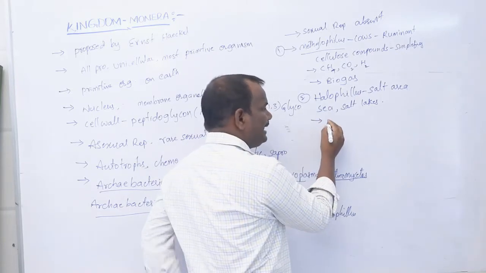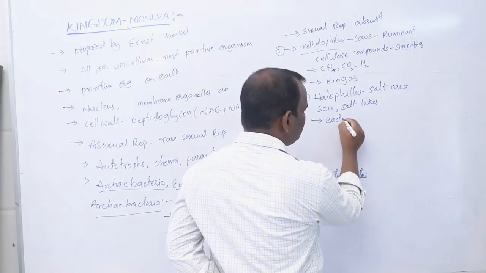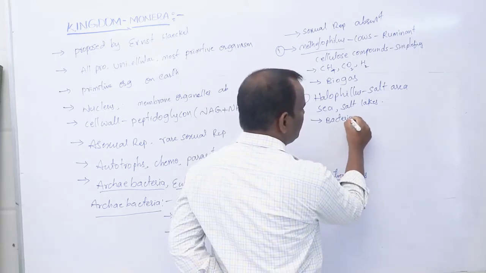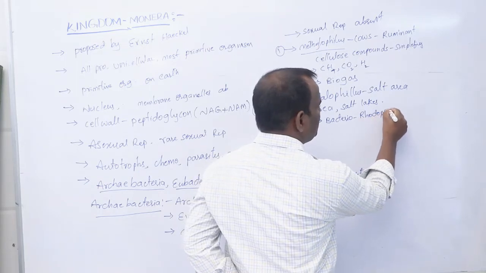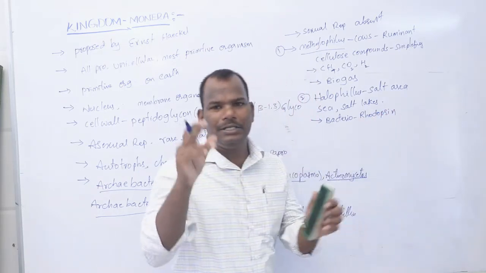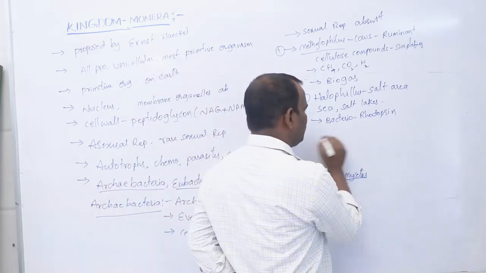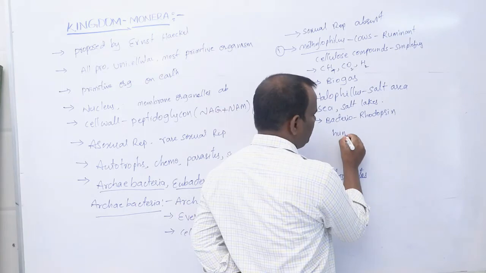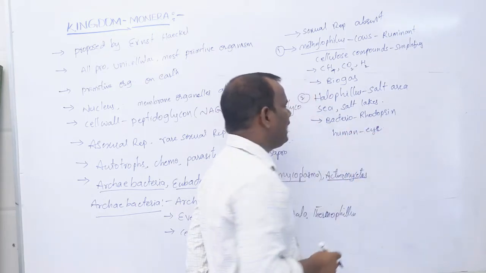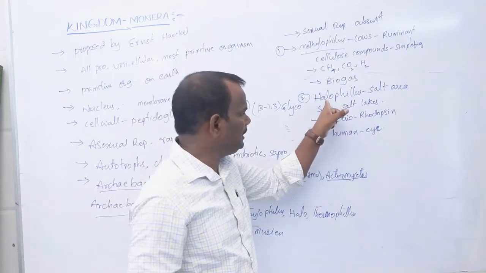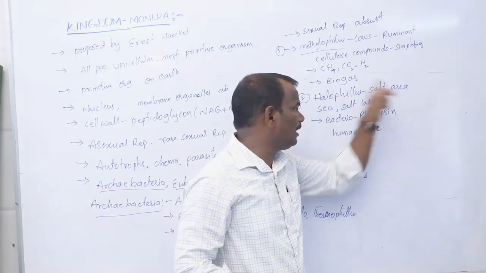This bacteria contains bacteriorhodopsin. The bacteriorhodopsin is equivalent to the human eye. The bacteriorhodopsin is present in halophiles, which live only in salt areas.